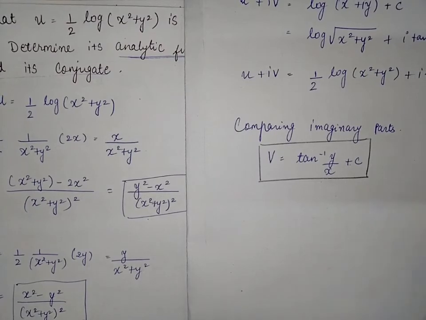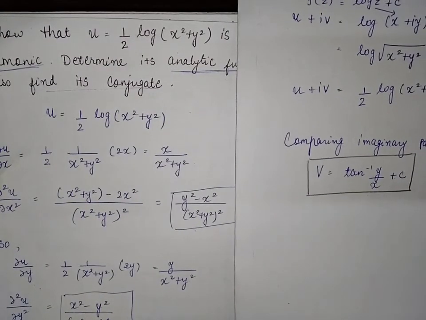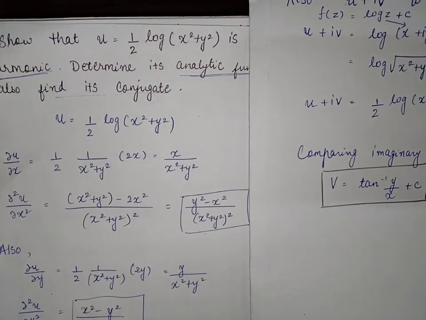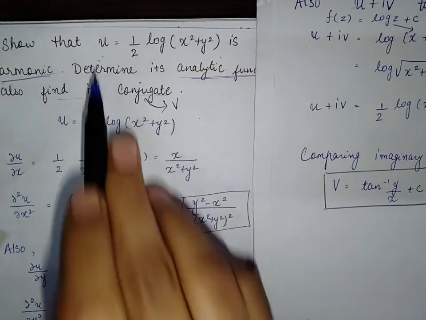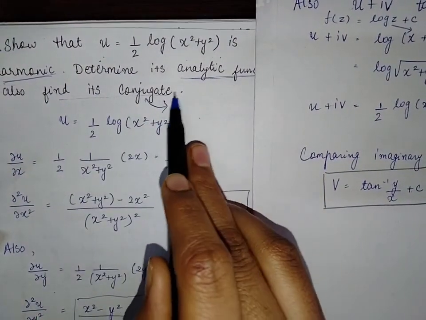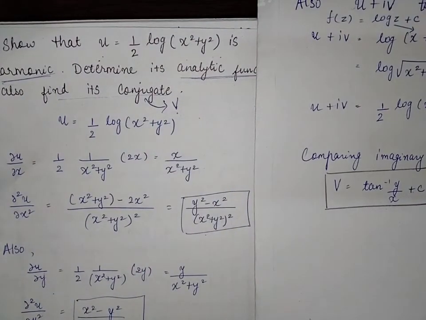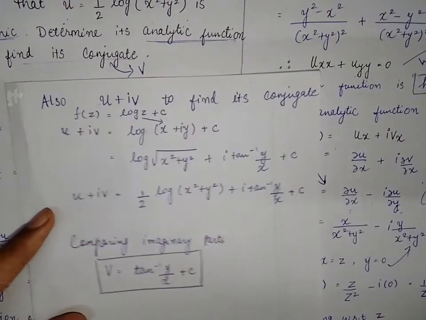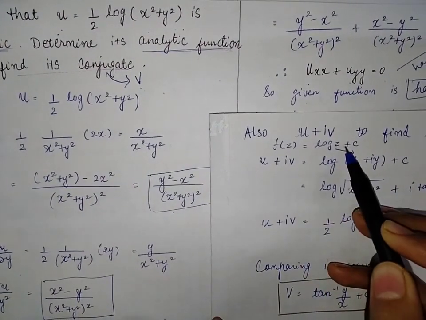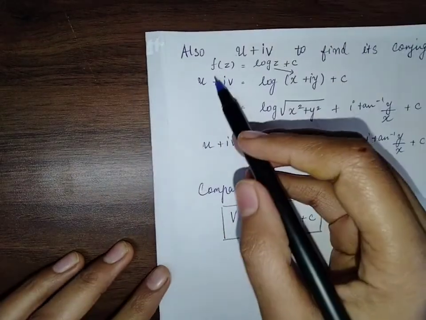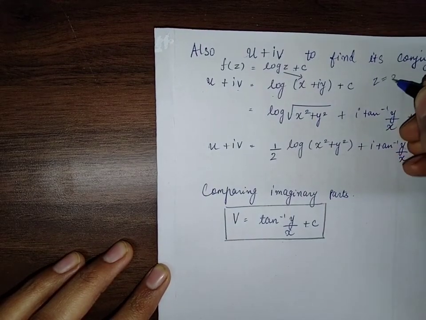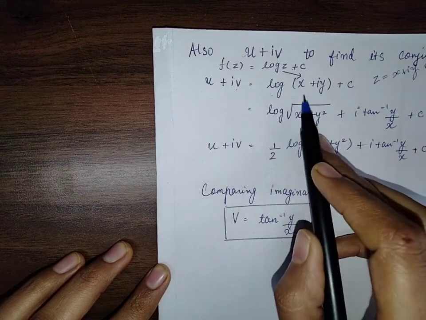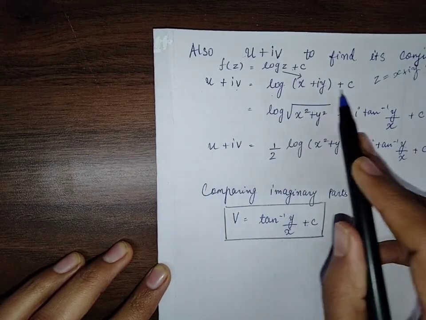Now we have to do it the same way we did in the previous example. We are told to find the conjugate. It means that u is given, so its conjugate will be v, and if v had been given, then its conjugate would have been u. So here we have to find v, that is, the imaginary part. So again, f of z is log z plus c, but in place of f of z, I can write u plus iv. So here u plus iv equal to log z plus c. But we know that z is equal to x plus iy, so I have substituted here log of x plus iy plus c.